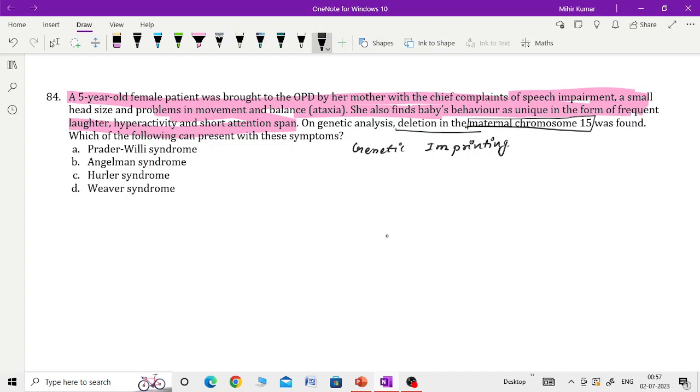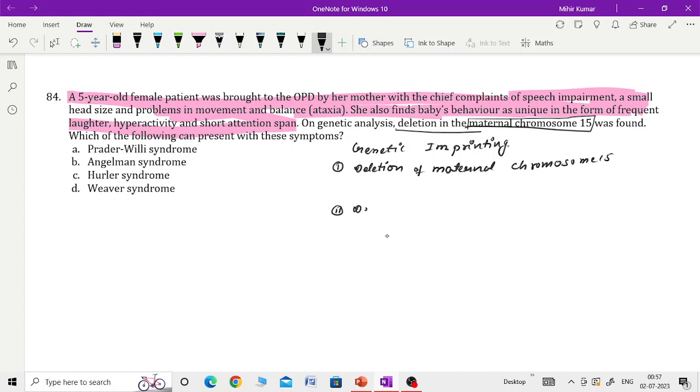And in genetic imprinting, there are two conditions. One, deletion of maternal chromosome 15. This is the first condition.